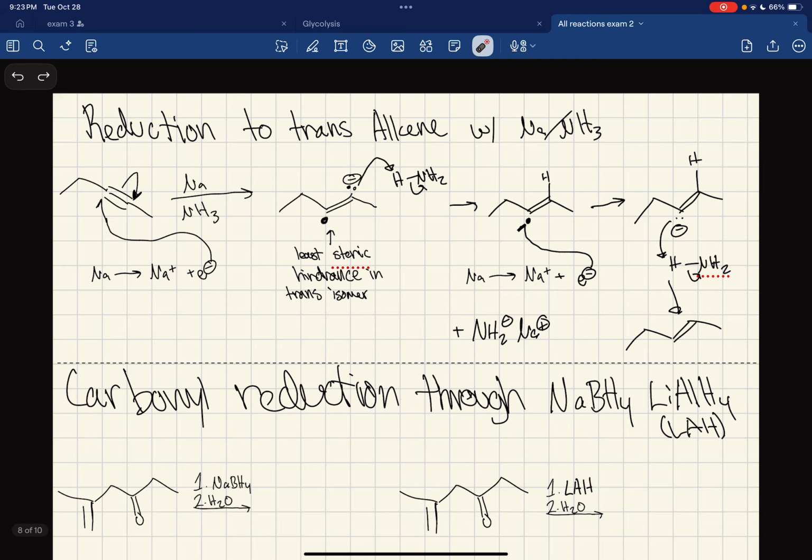And it's going to form this trans because of the steric hindrance between this carbon and this carbon. They're going to push each other away, and those are the biggest groups. The electrons have something to do with it, but this is the main reason. I looked it up. All right, then the other electron's going to come in, attack that radical, form an electron pair, and that's going to happen again and form this.